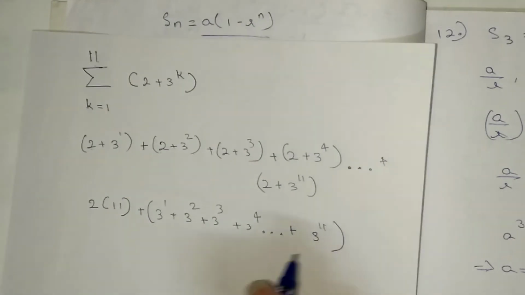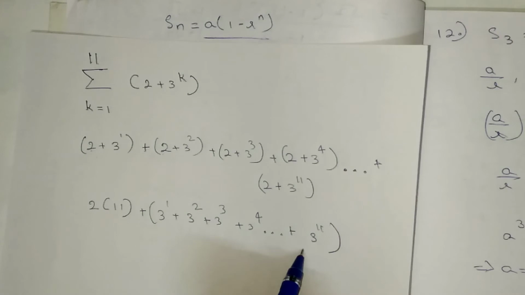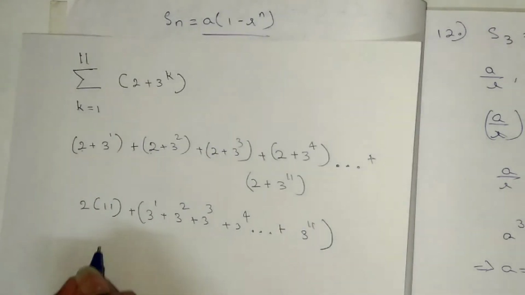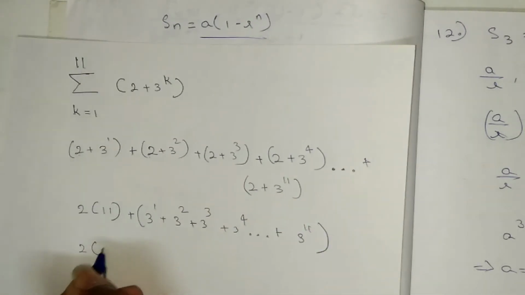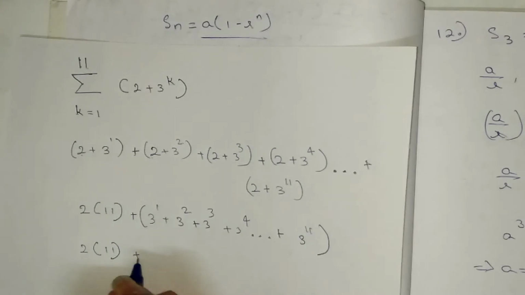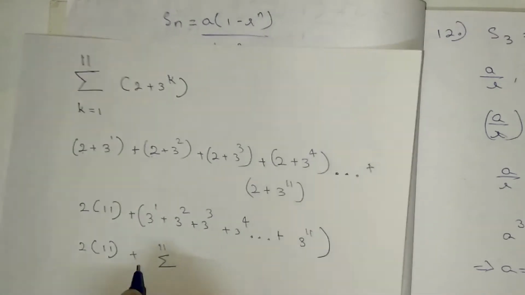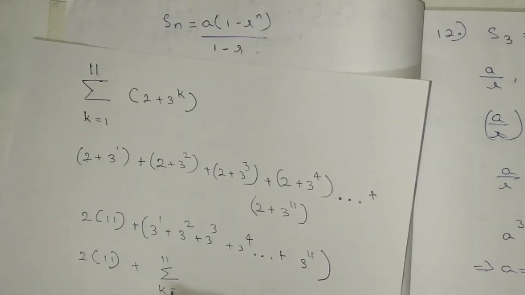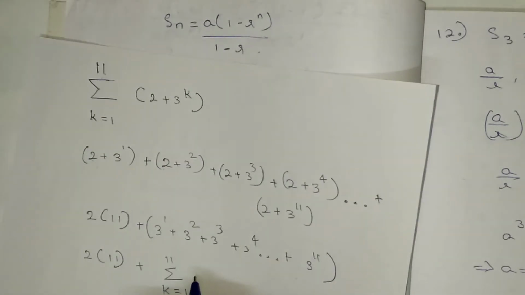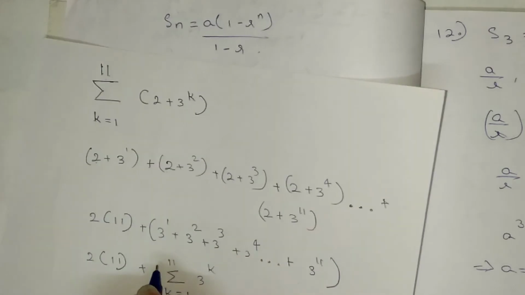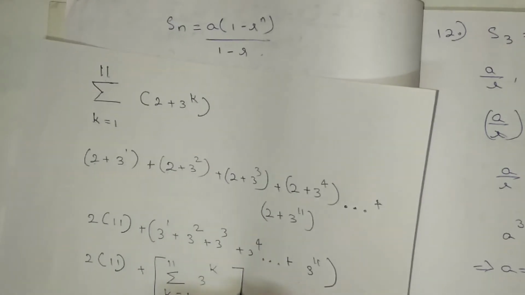Now what you can actually do, instead of this one, you can easily write it in this way also: 2 to the power 11 plus summation of 3 to the power k, where k is equal to 1 to 11. Okay, now you can write that in this form also.